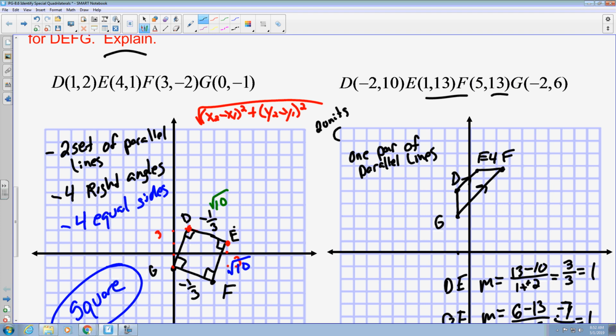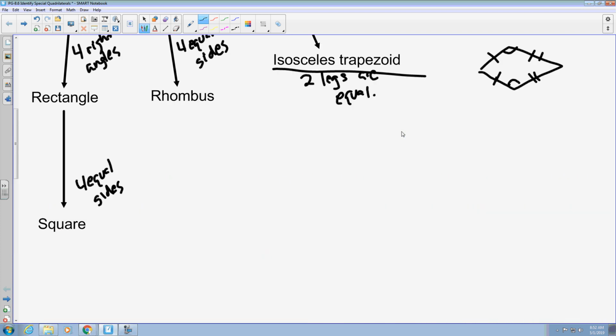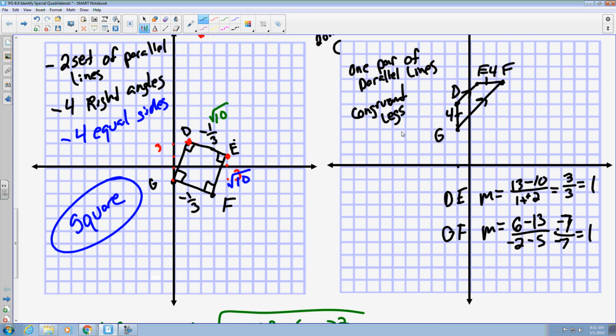And then 2 to 6, which is 4 as well. So those two legs are in fact congruent. So I've got congruent legs. So the most specific name in this case is going to be the isosceles trapezoid.